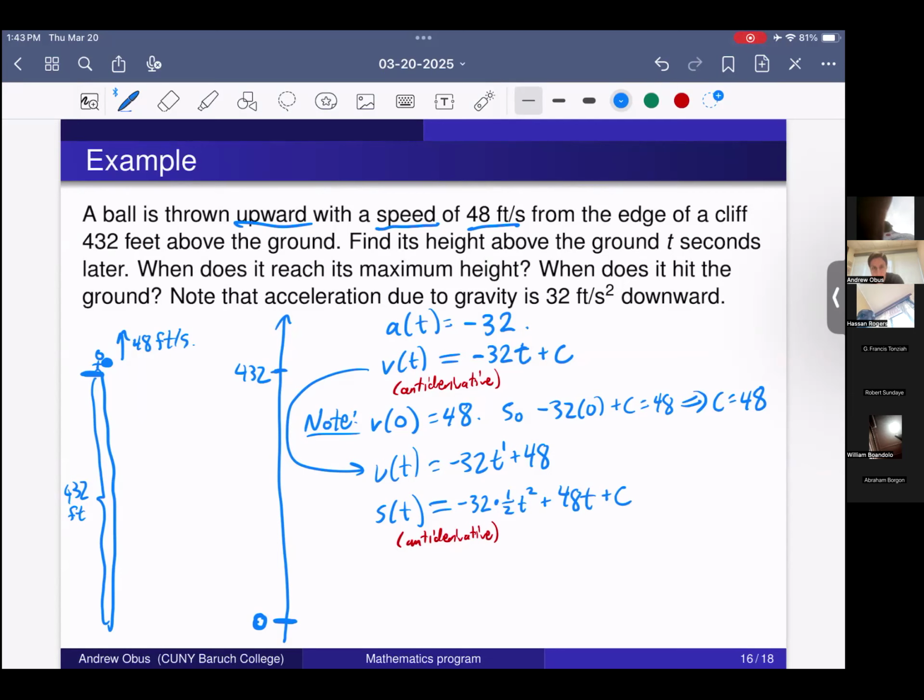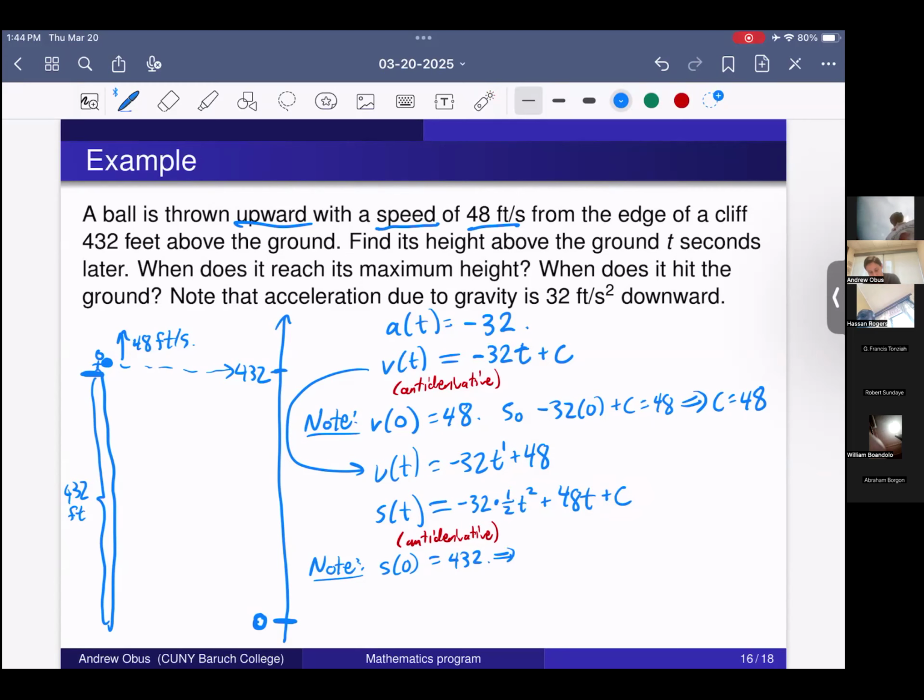Now, what else do we know from this? We know that at time 0, the ball is at 432 feet. So S of 0 has to be equal to 432, because the position is at a height of 432 feet when you start. When we plug in t equals 0, these all just go to 0, and we're left with c.